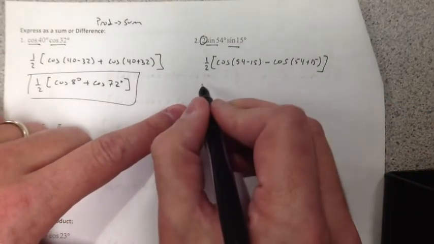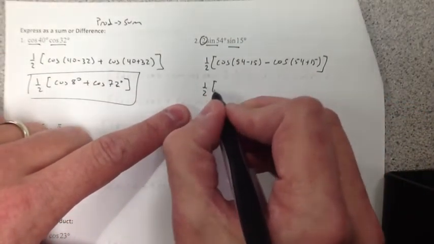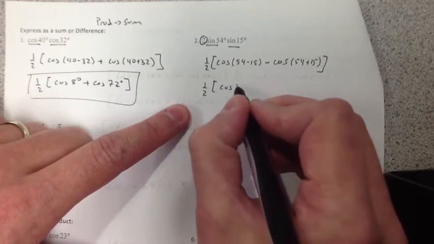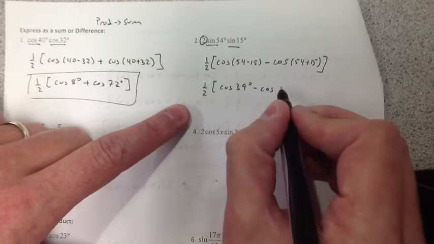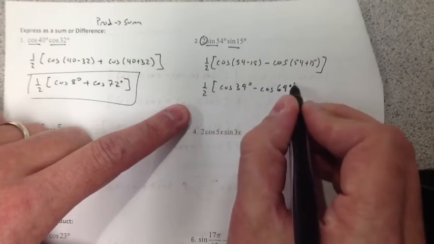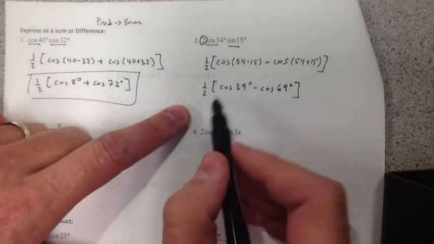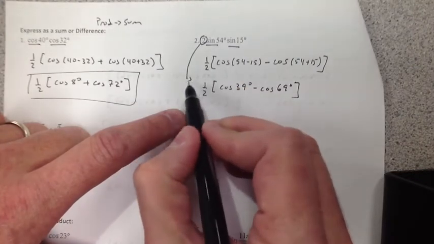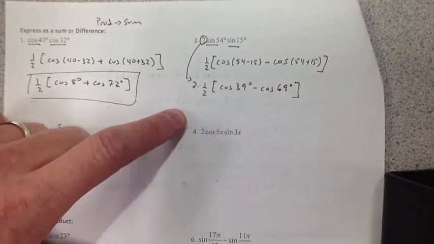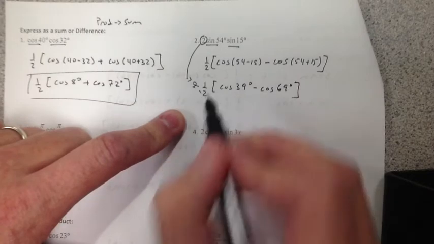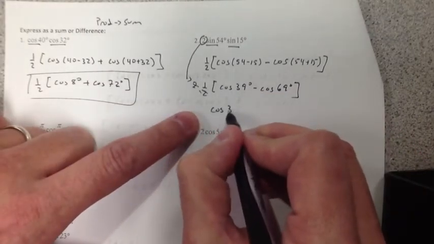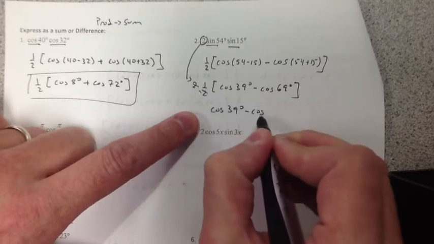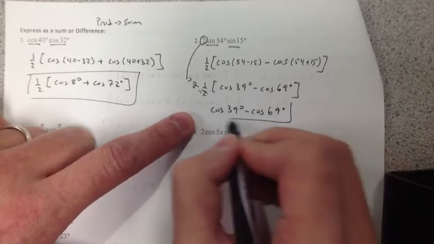And just simplify. 1/2, this becomes the cosine of 39 degrees minus the cosine of 69 degrees. Now, we're not done yet, because as some of you guys have already pointed on your head, don't forget the 2, don't forget the 2. Yep, don't forget that 2. And those cancel. And what are we left with? The cosine of 39 degrees minus the cosine of 69 degrees.